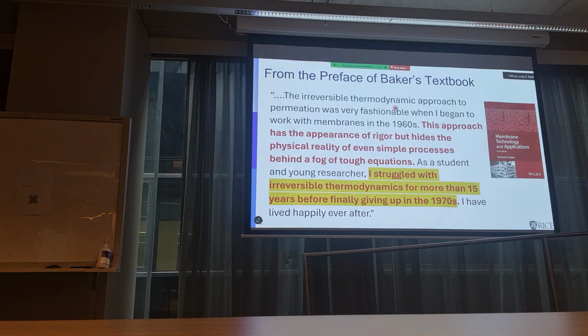He talked about irreversible thermodynamics, which I'll refer to later, which is classic to describe anything. He called this approach the appearance of rigor, but it hides the physical reality of even simple processes behind the fog of thought equations. You get a lot of equations there, but again, as engineers, we don't need to worry about the equations. And then he said, as a student and a young researcher, I struggled with irreversible thermodynamics for more than 15 years before finally giving up in the 1970s and then adopting the solution diffusion mechanism.